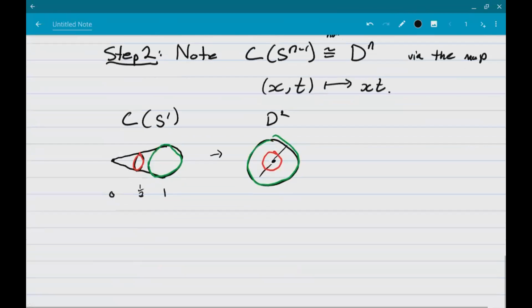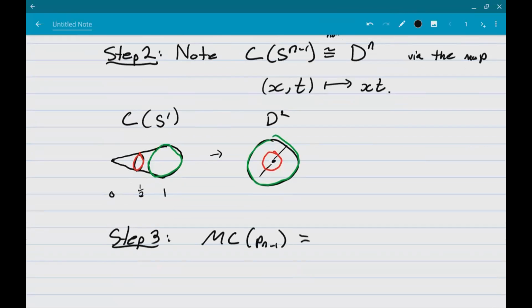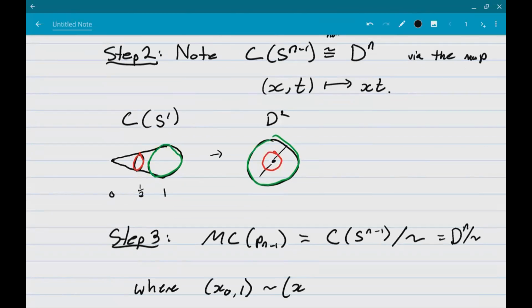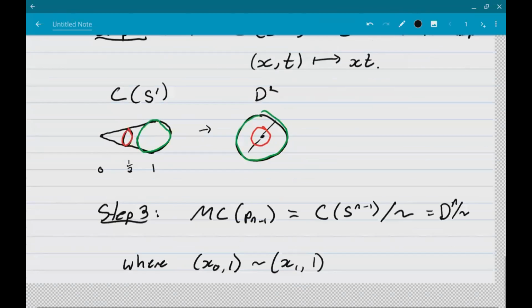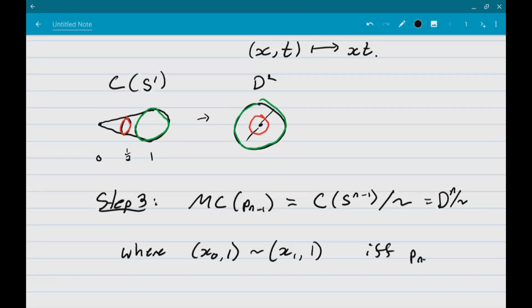And then in the third step, you just untangle these two observations. So the mapping cone of P_(n-1) is the cone of S^(n-1) modulo a relation, but this is the same as just the n-disk mod a relation, where (x0, 1) is equivalent to (x1, 1) if and only if P_(n-1) of x0 is equal to P_(n-1) of x1.